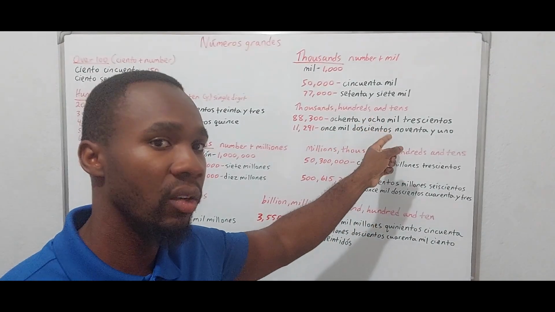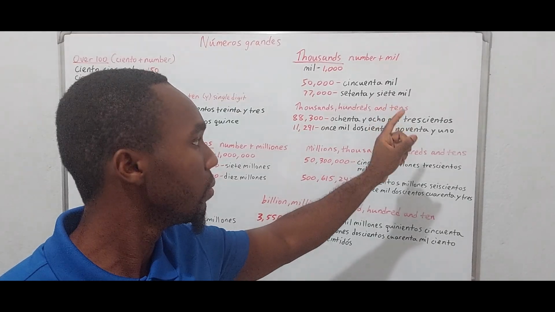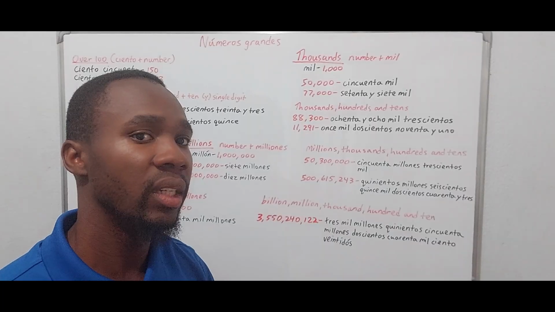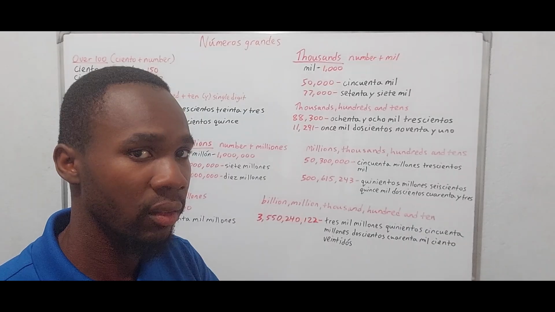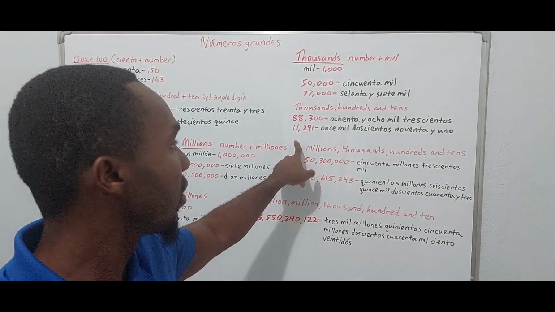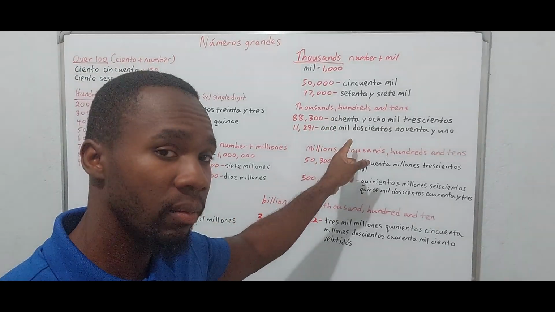You will notice that we did not use E, because as I was saying, the E is only used to separate the tens from the single digit, okay? 11,291. 11,000.